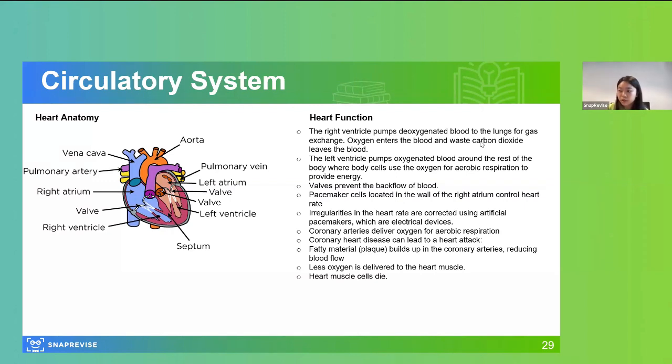Fick's law. I think that is dependent on which exam board you do. I don't think this is for everyone. For Fick's law, I think you just need to know the equation, but generally it's just movement of particles from a high to a low concentration. As I've said, diffusion is moving from a high to a low concentration, and that is directly proportional to the particle's concentration gradient.